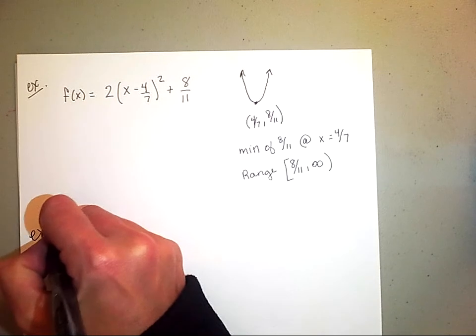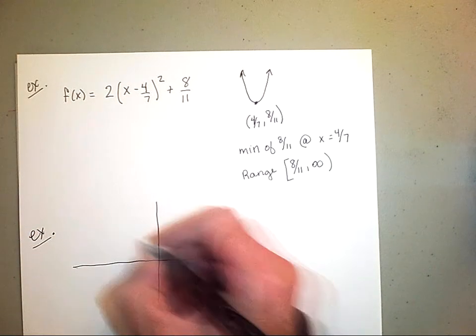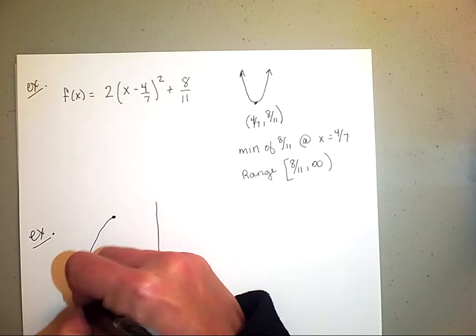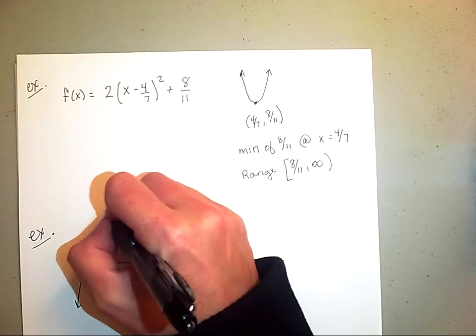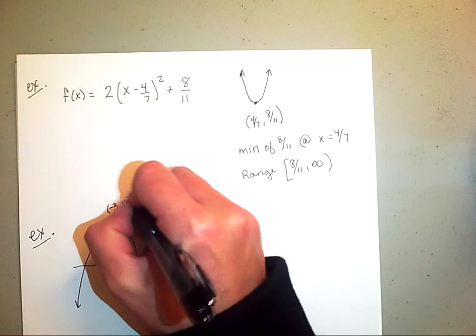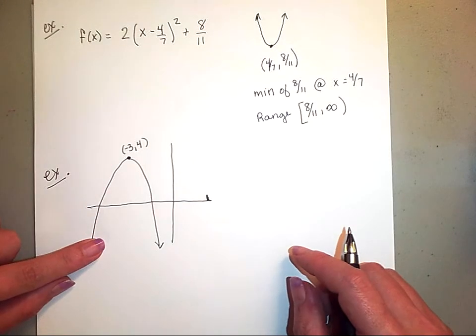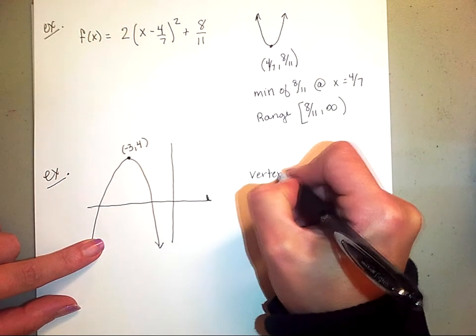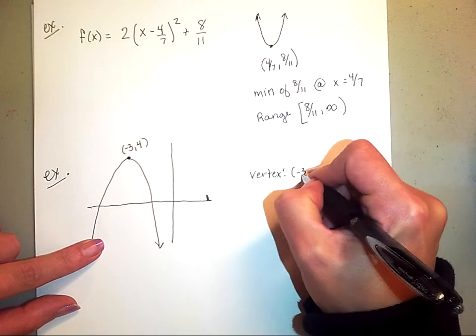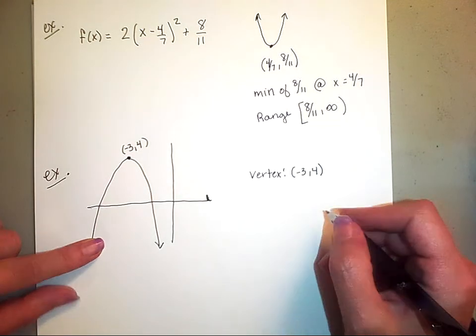This is different than, say, for example, if we had this graph, which has a vertex of negative 3, comma 4. This is now a concave down graph. Okay. So our vertex is -3, +4.